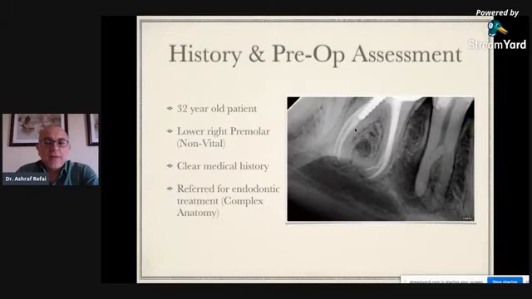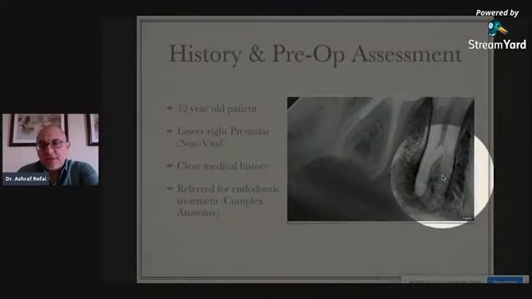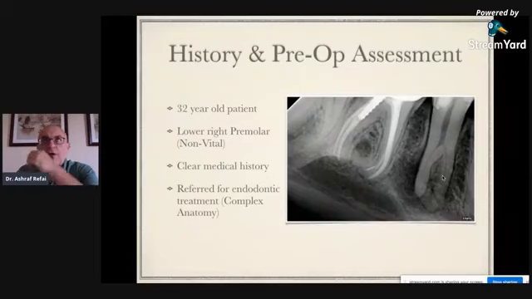Okay, so I'm going to start by showing a case. This was a lower premolar. She was a 32-year-old female that was referred to my practice for initial treatment. You can see here, this is the tooth that wanted to be treated, number 4-5.